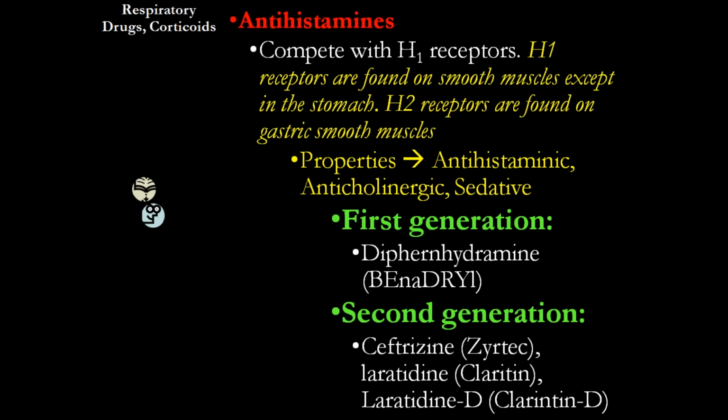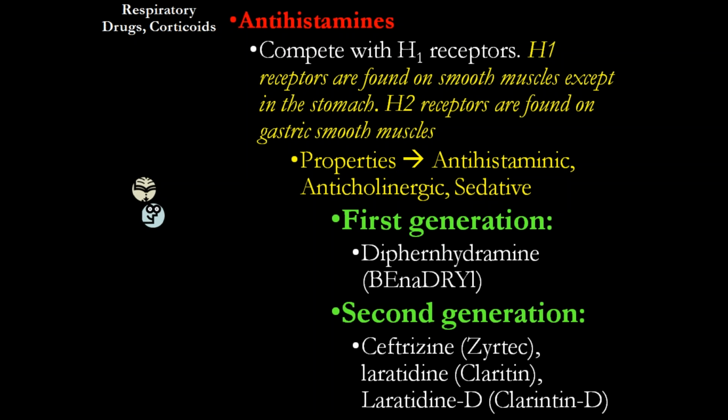Why? Because if you have mucus and you give anticholinergics, like atropine, for example, they are going to dry the mucus. If they dry the mucus, can you expectorate it? No. So this mucus is going to be like a culture for bacteria, and that produces an infection. Okay. First generation, second generation.